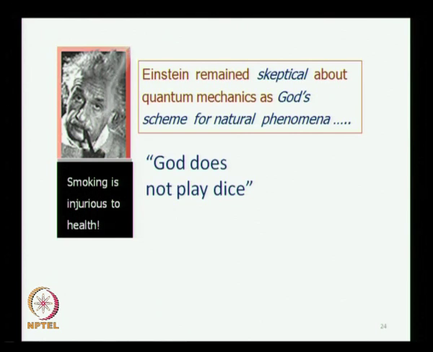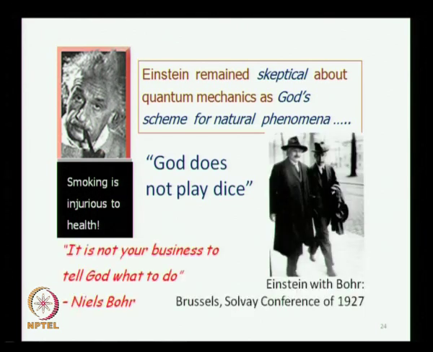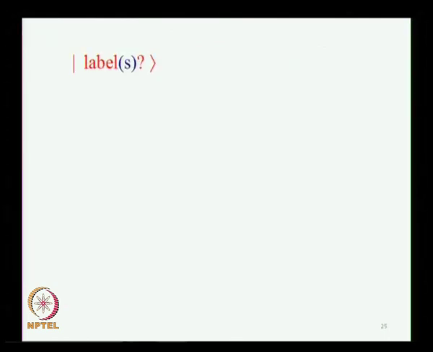So, he went on to tell Einstein that it is not your business to tell God what to do. So, quantum theory does have a probabilistic element, and it really came to stay at the Solvay conference in the debates of Einstein and Bohr, and we will designate it by a label which will come from the eigenvalue of the measurement.